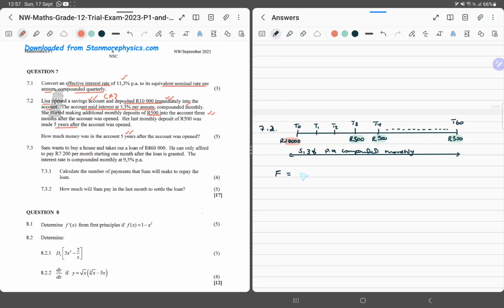This is going to be P into 1 plus i to the exponent n, plus, because we are going to have that 10,000 going for those 60 terms, plus we are going to have this here, which is our future value calculation: 1 plus i to the exponent n minus 1.